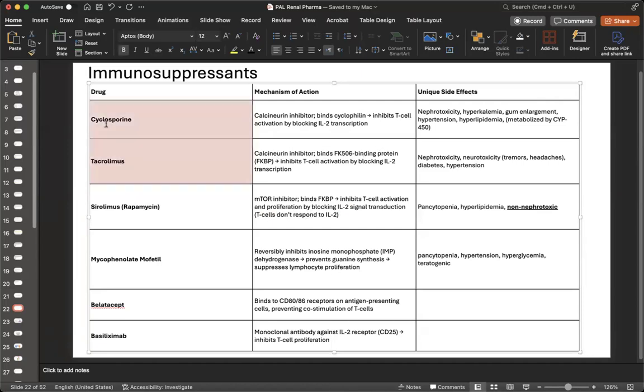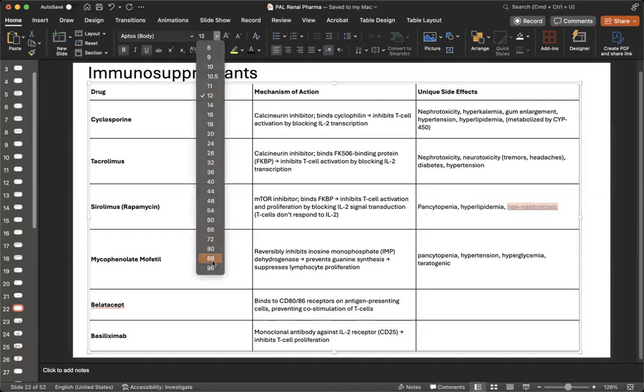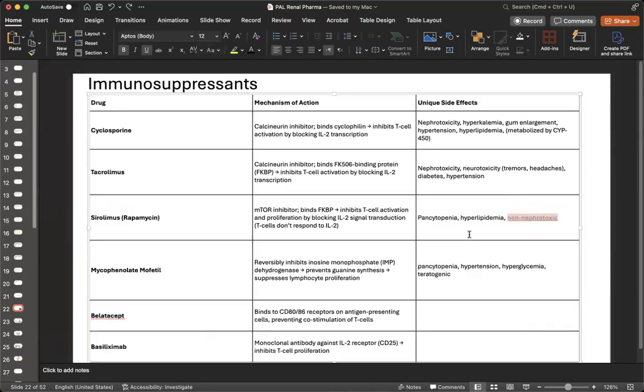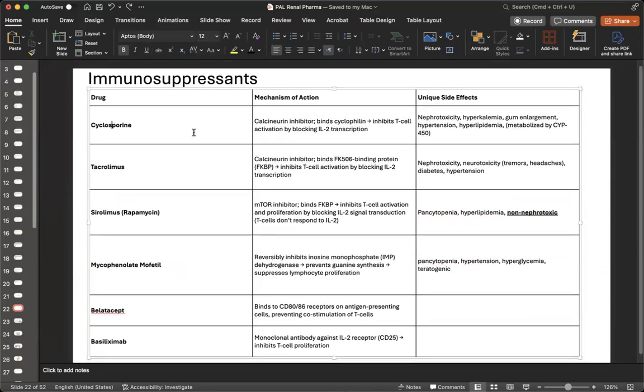Tacrolimus and cyclosporin prevented IL-2 from being produced, but sirolimus prevents IL-2 from activating the T cells. An extremely important, very high-yield point is that it's non-nephrotoxic. So if a patient gets nephrotoxicity from these drugs, you can just give them sirolimus instead.